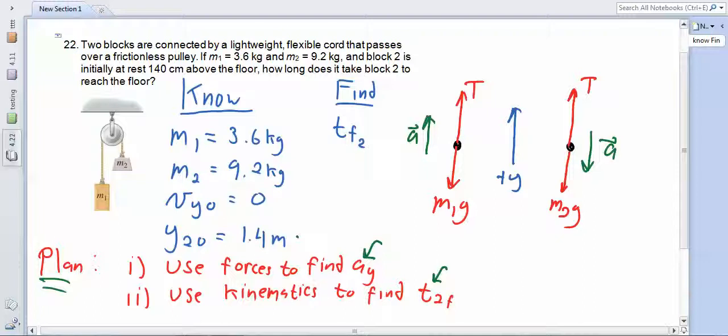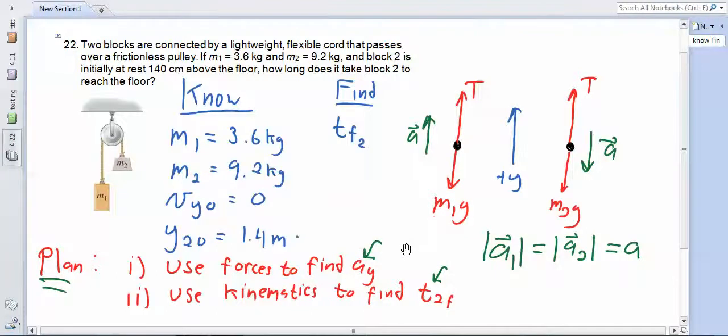So the value of those two accelerations is the same, but they just point in the opposite direction. And so actually the magnitude of the acceleration on mass number 1 is equal to the magnitude of the acceleration on mass number 2, and I'm just going to call both of those accelerations A, and we'll take the minus signs into account when we apply Newton's second law.